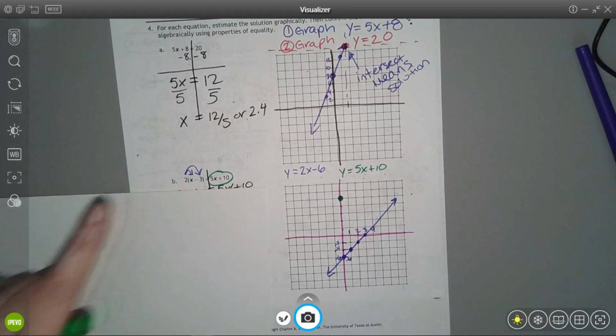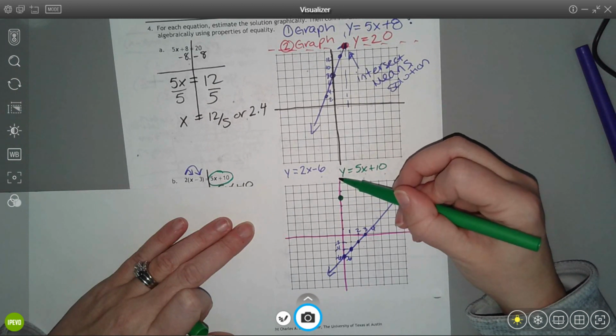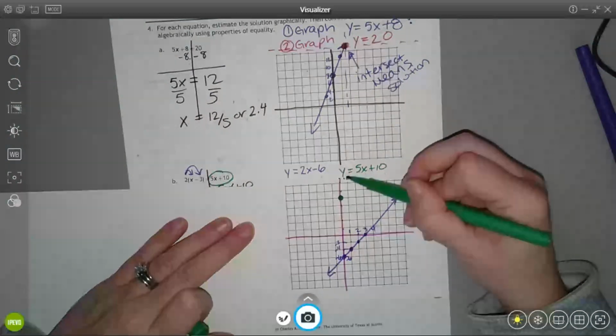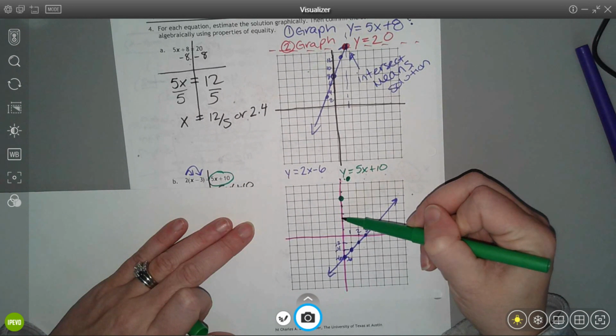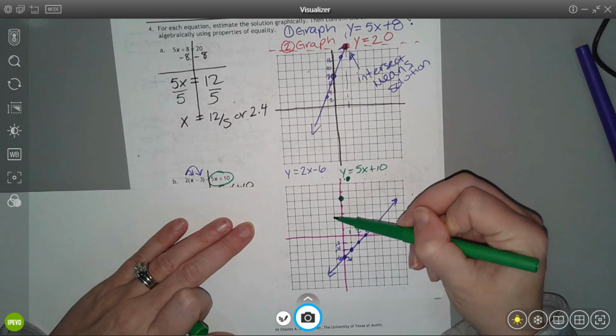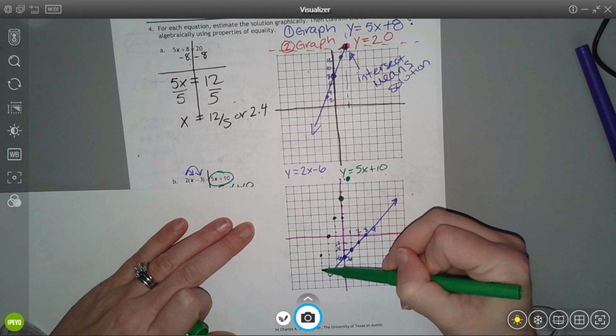This is up 2, up 4, 5 over 1. Okay, but we can't go up any further, so we got to go down. Down 2, down 4, 5 over 1, and so on.